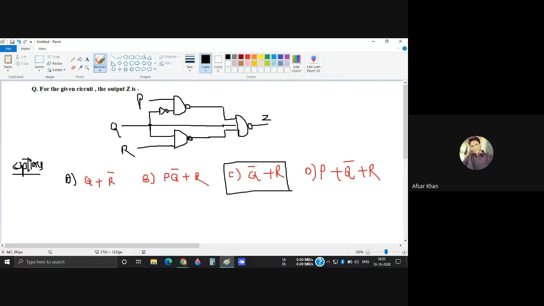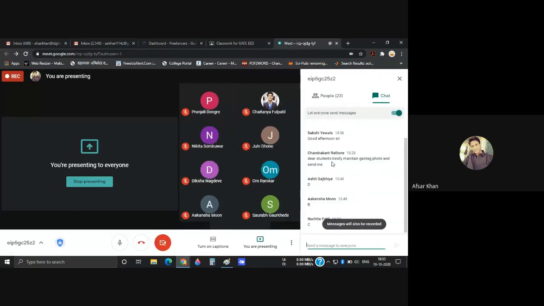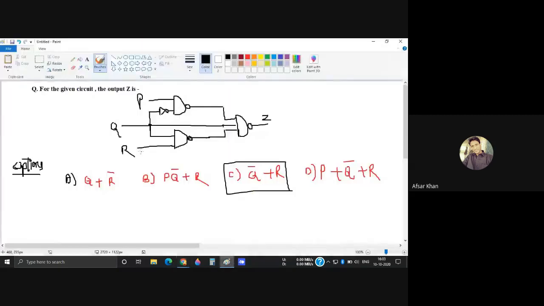Yes, what about other students? Are you solving? No one is responding, only Chetan is responding. Everyone should respond. Option C is the right answer. Okay, if other students are not getting it, then I will solve it here.